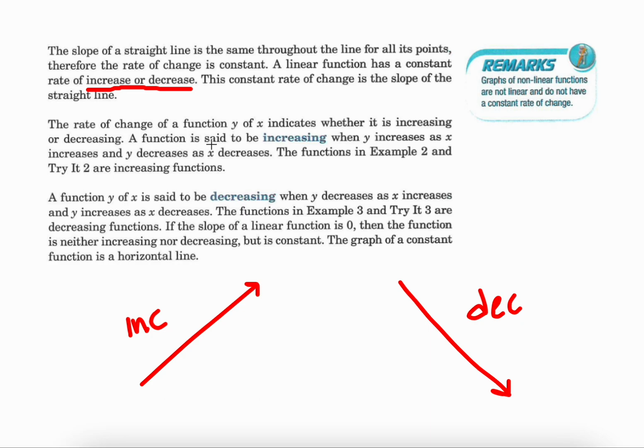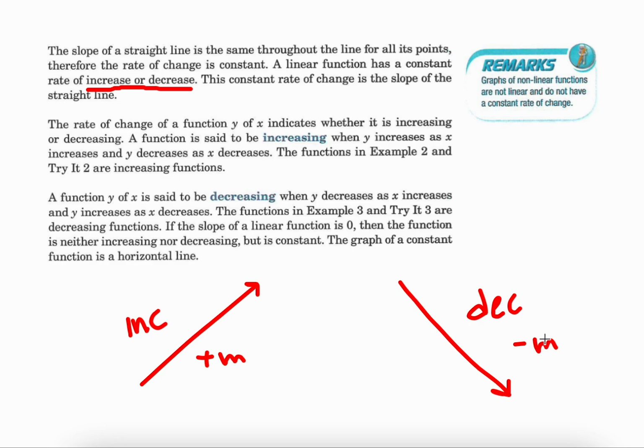We call it increasing when y is increasing the same as x, or y is decreasing when x is decreasing. And that's going to be a positive slope. A negative slope is going to create a decreasing graph. Okay?